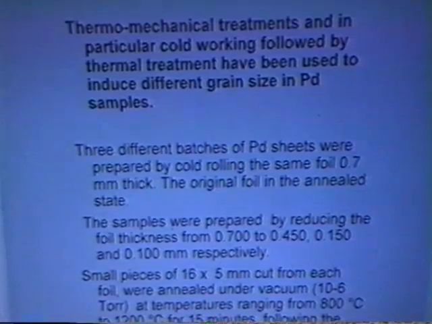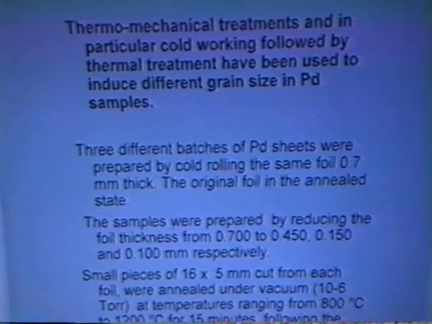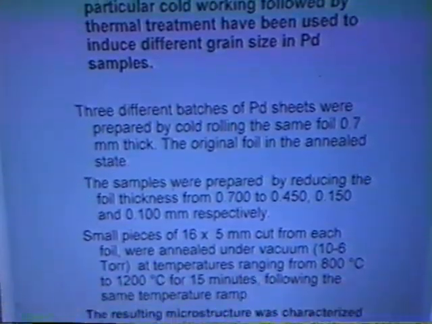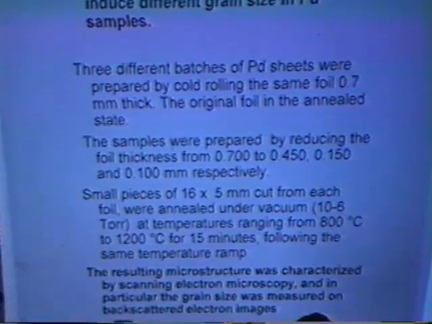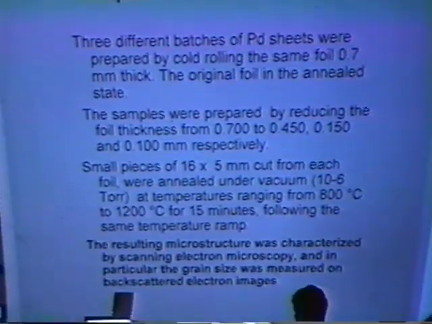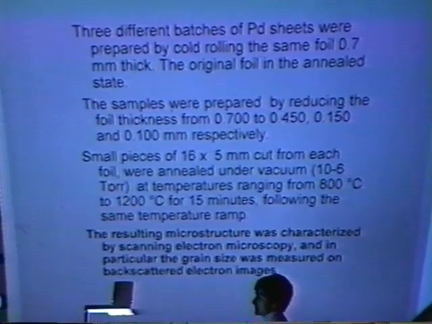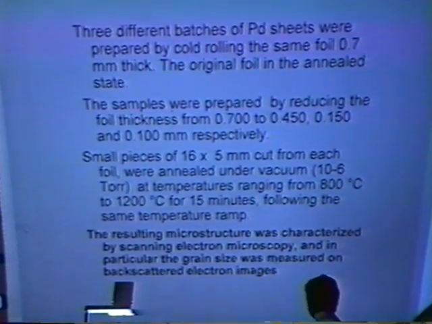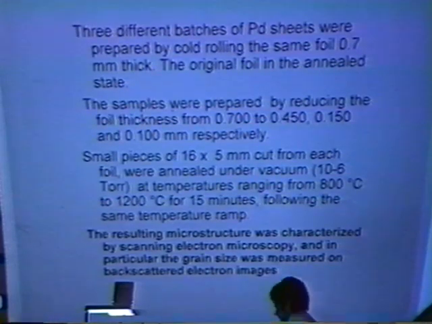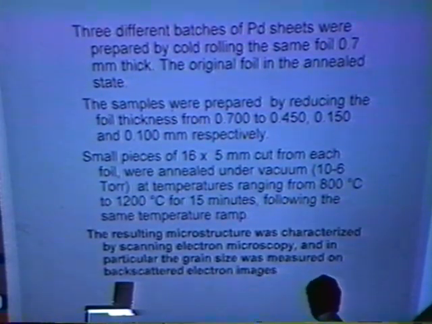This induces a different lamination rate in each of the three pieces. Then we cut it again, and we scan the temperature in a certain range. Then we analyze the microstructure obtained through the scanning electron microscope and measure the grain size on the backscattered electron images.